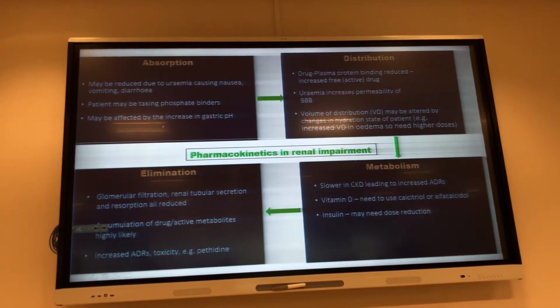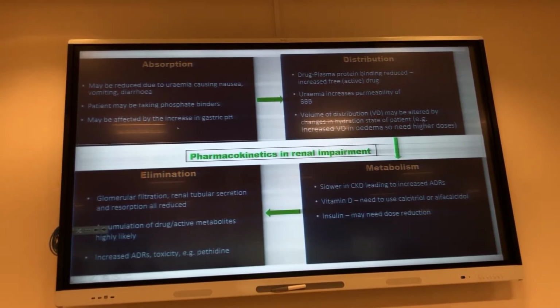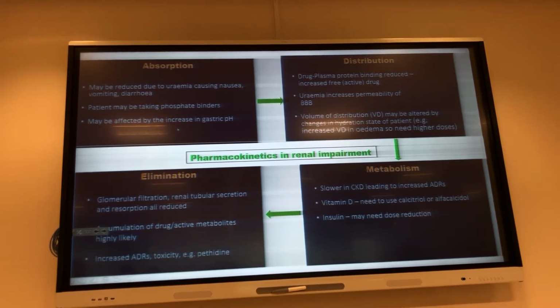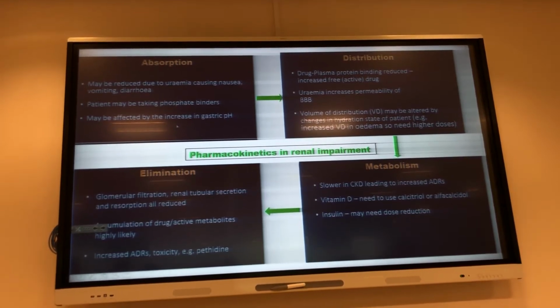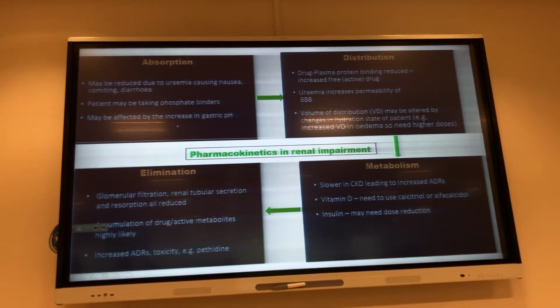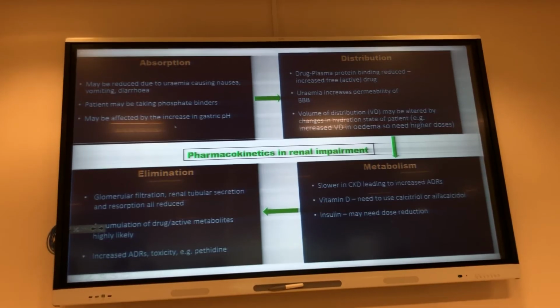Another example is drugs that increase the gastric pH, like ranitidine, which can impair absorption. So you need to be wary of these kinds of drugs.